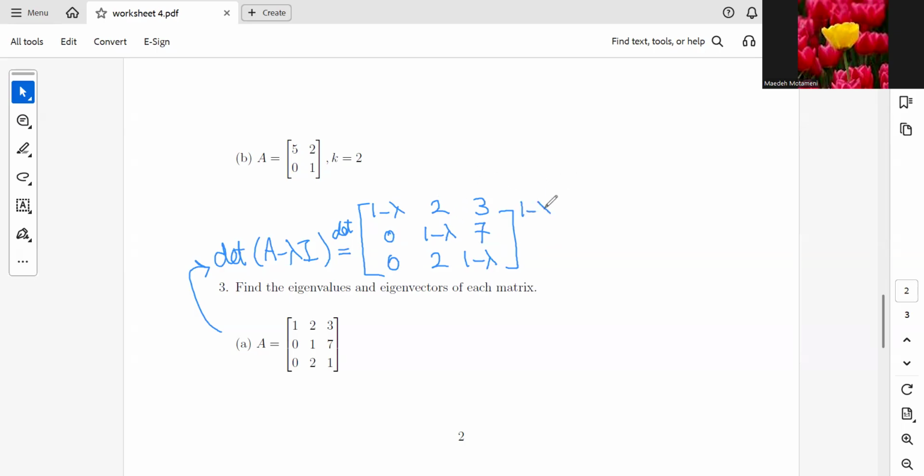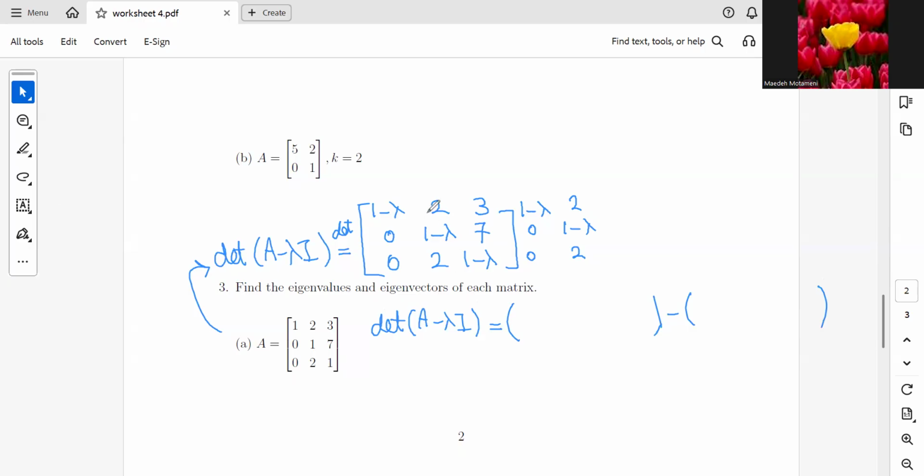In order to find the determinant of a 3 by 3 matrix, one of the ways is writing the first column here and the second column. Then we are going to find the determinant of A minus lambda I by subtracting 2 parentheses.